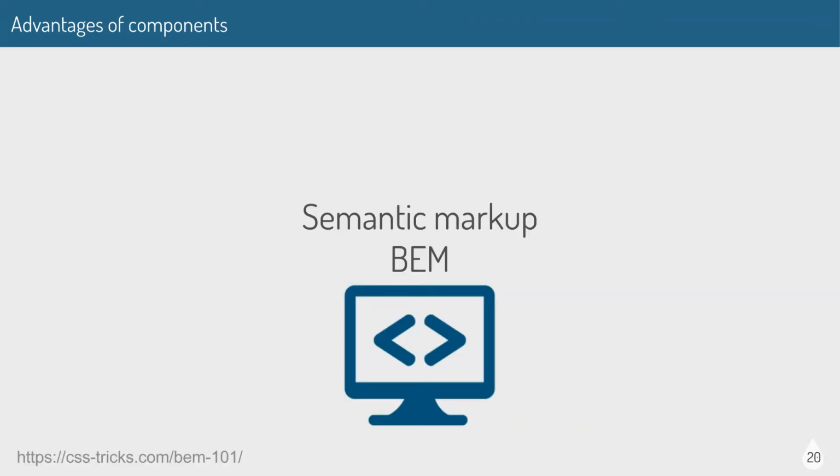Semantic Markup is what I mentioned before. We use BEM for all of our class names. BEM, if you don't know what that is, stands for Block Element Modifier, and it's a standard nowadays that allows you to create some kind of association within your elements, in this case, in your components.